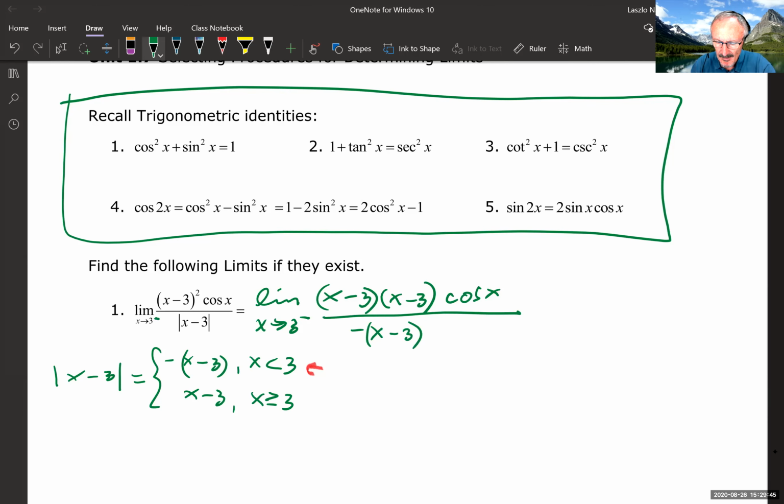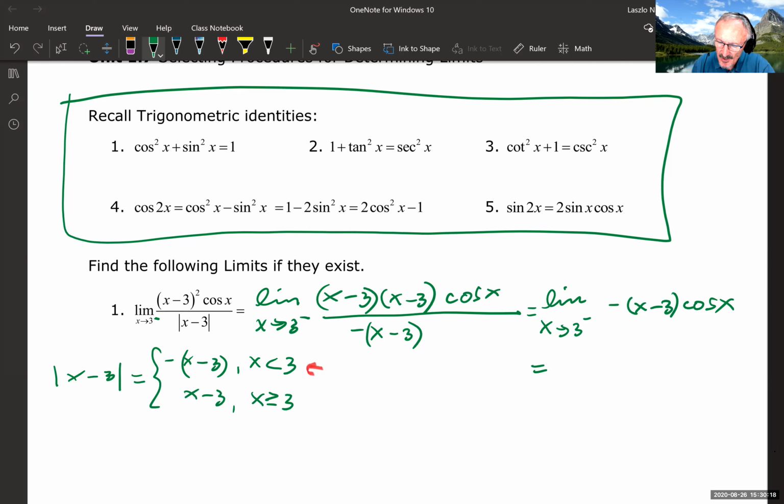And that leads to a simplification where we have the limit as x approaches 3 from the left, and you have the negative of x minus 3, cosine of x. So the problem denominator has been removed, and this function can actually be evaluated by direct substitution, and we end up with, let's see, 3 minus 3 is 0.